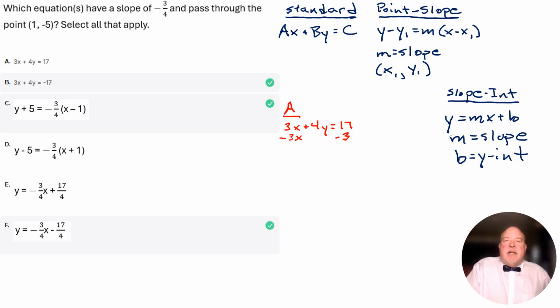This is solving a literal equation with two variables. That goes away, and then I have 4y equals 17 minus 3x. But to put it in slope-intercept form, usually the x is first. So instead of 17 minus 3x, I'm just going to write it as negative 3x plus 17, which is equivalent. So then it's really in the form.